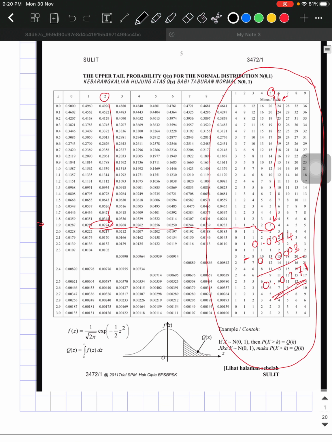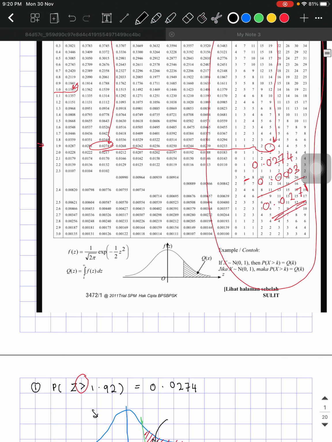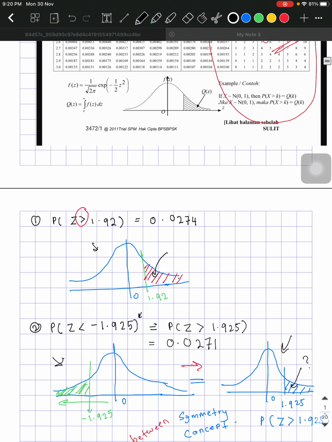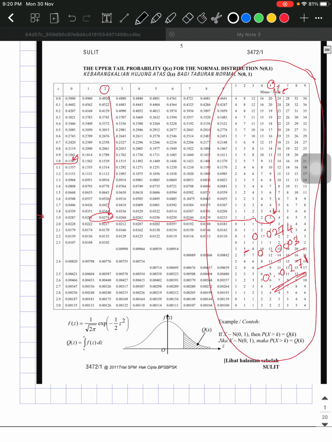Okay, let's take a look at 1.0. 1.0 is, there it is. Okay, 1.0, so the answer is 0.1587. 0.1587 minus P(Z > 2.0). 2.0, oh, there it is. 2.0 is 0.0228.